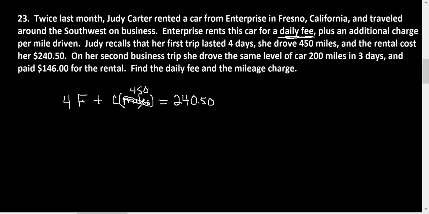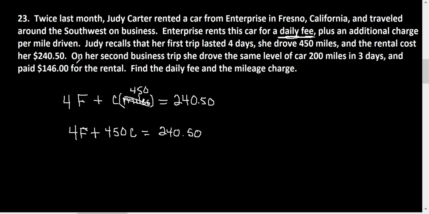Okay, so then I'm going to rewrite this to be 4F plus, what can I call this? 450C, that's the charge for the mileage, equals $240.50. All right, so there's our first equation.